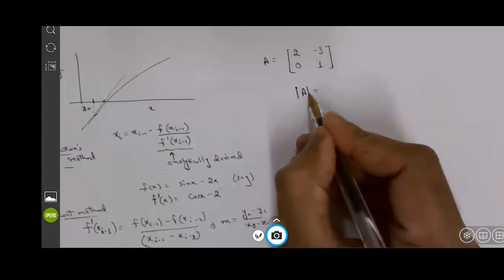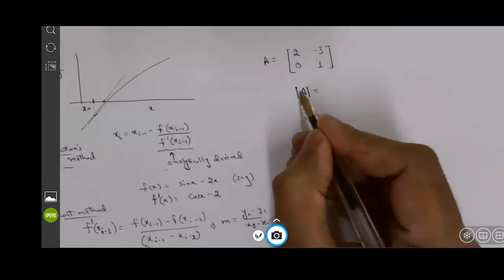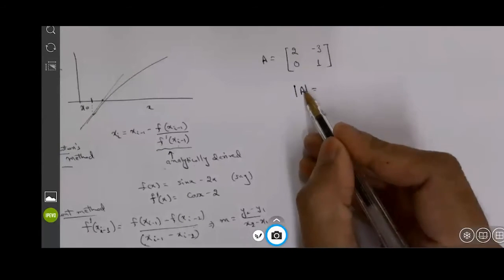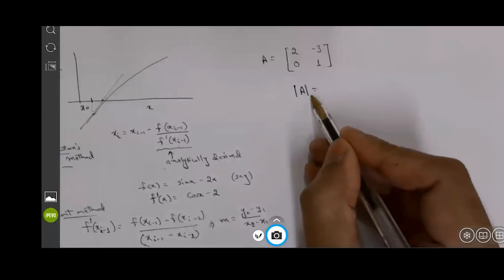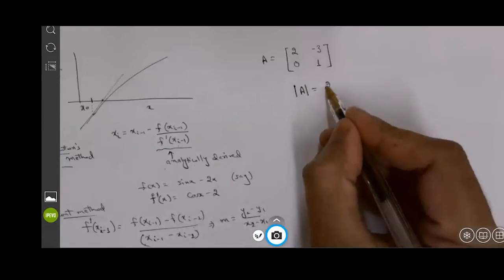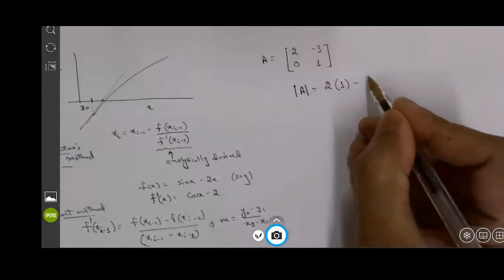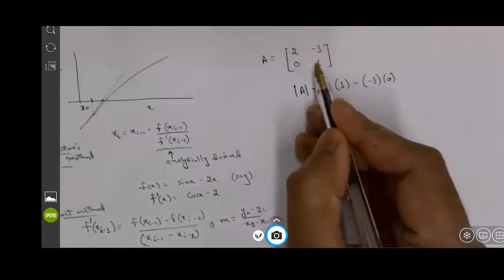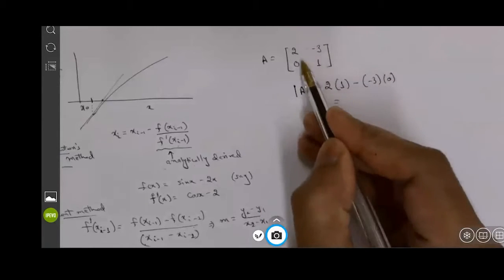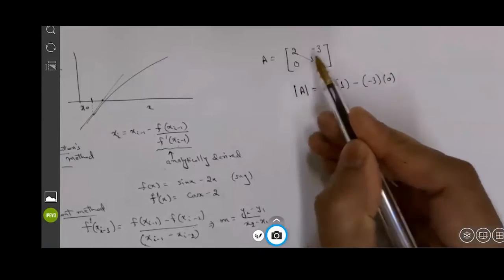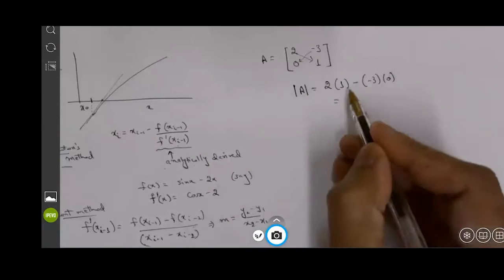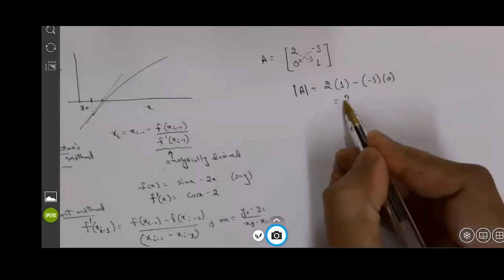It's not the open bracket, it's like a sign of mod, but in matrix operations this represents the determinant. You can easily calculate it as 2 times 1, then negative cross multiplication. So you multiply this number with this, and then negative, you multiply this number with this, and whatever the result, that will be your determinant.